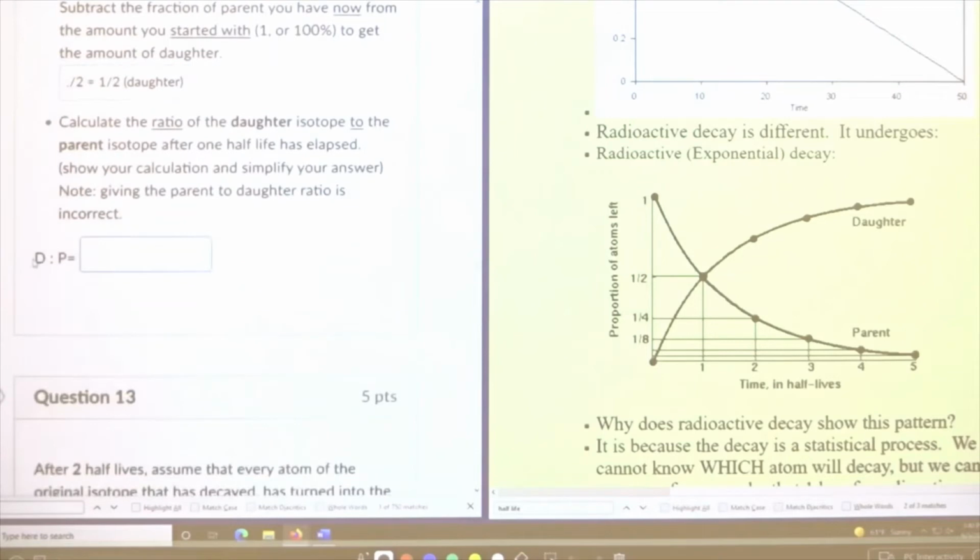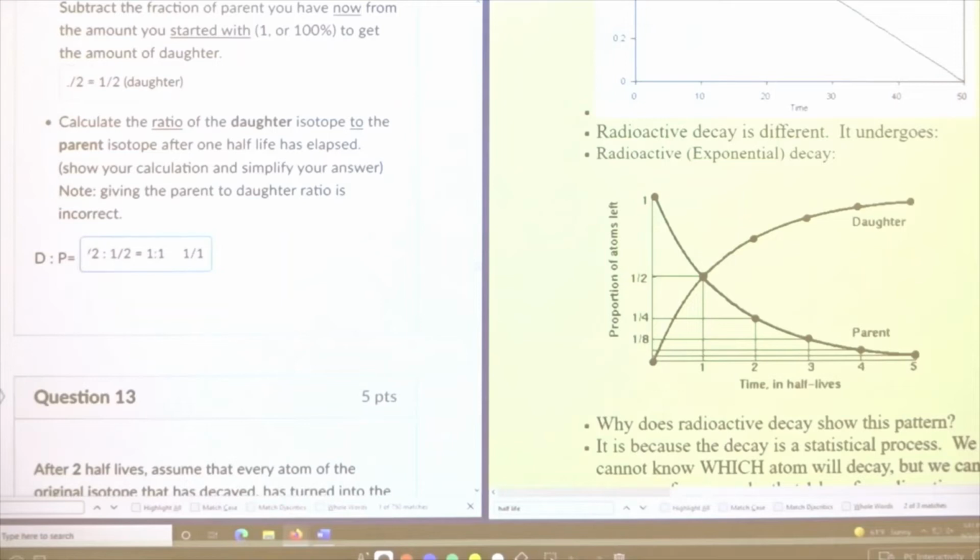So the daughter to parent ratio is 1/2 to 1/2. If we want to simplify that, that would be 1 to 1. And you could use a colon here, or you could use the slash showing a division. So you could also have said 1 to 1 like that. Either of those is acceptable.